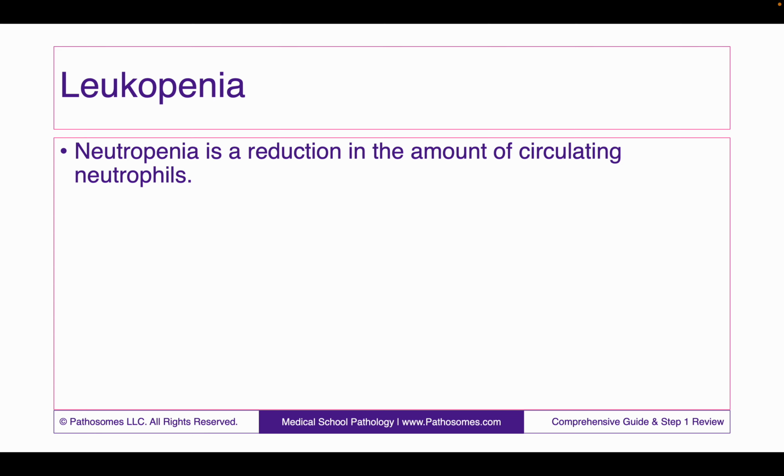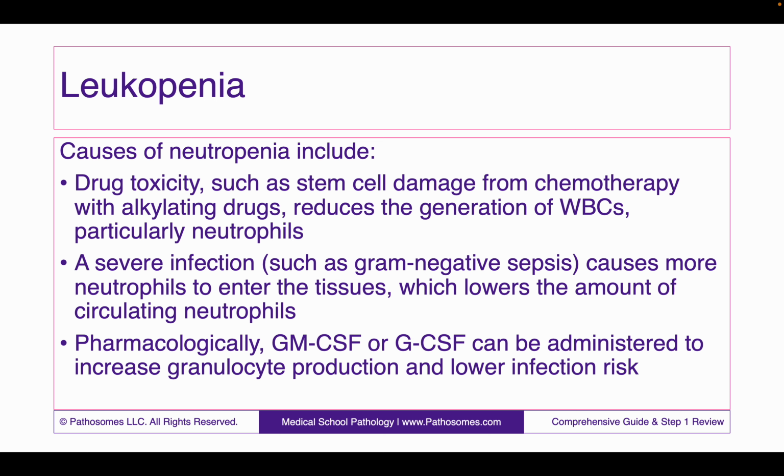Neutropenia is a reduction in the amount of circulating neutrophils. Causes of neutropenia include drug toxicity, such as stem cell damage from chemotherapy with alkylating agents, which reduces the generation of white blood cells, particularly neutrophils. Also, a severe infection, such as gram-negative sepsis, causes more neutrophils to enter the tissues, which lowers the amount of circulating neutrophils.